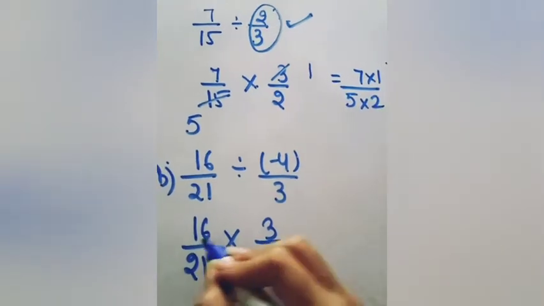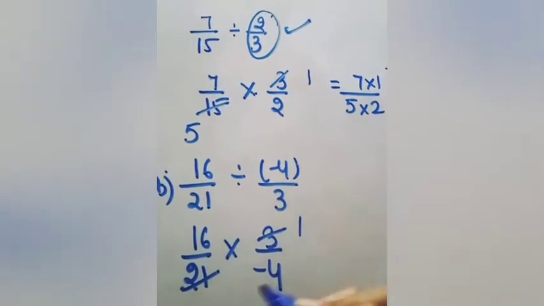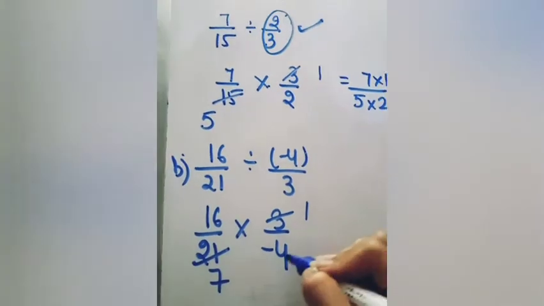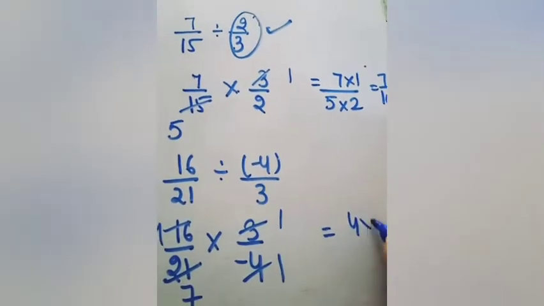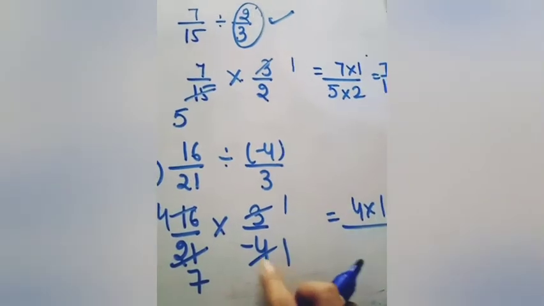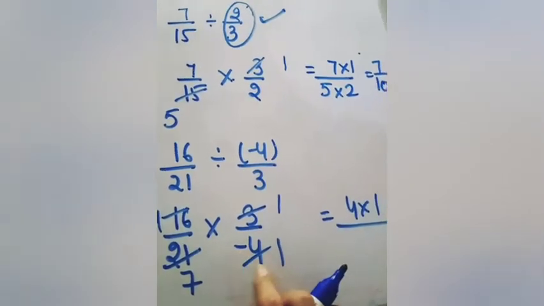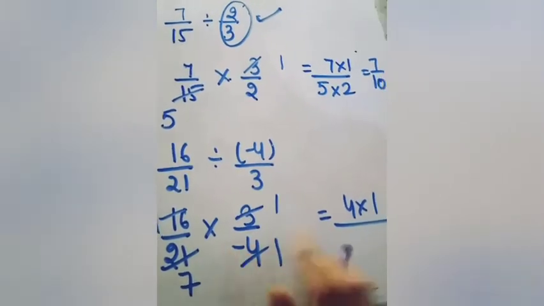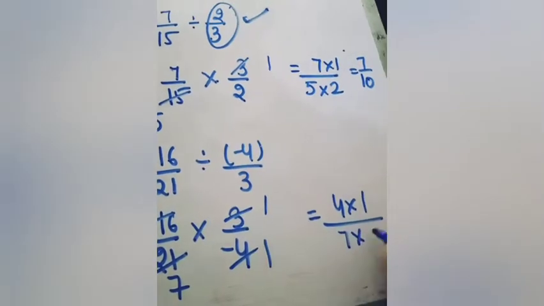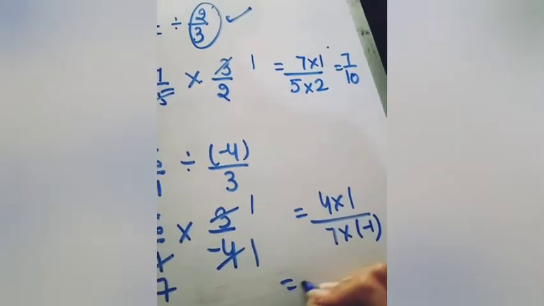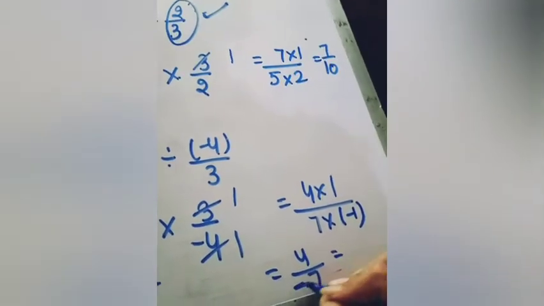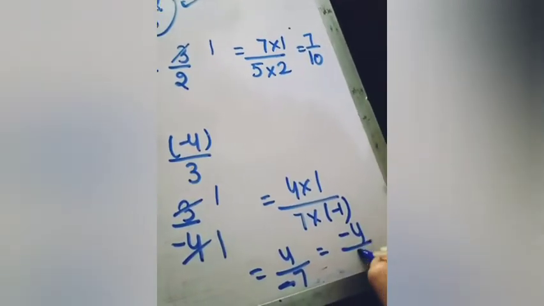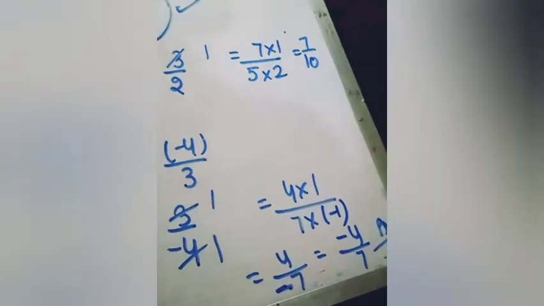Now cut the numbers. 3 1s are 3, 3 7s are 21, 4 1s are 4, 4 4s are 16. Here we have 4 into 1 and here 7 into, see, this minus sign is there. Only the number has cancelled but the minus sign is there, so we write 7 into minus 1, 4 into minus 7, and we never leave the answer negative in the denominator, so we will write minus 4 upon 7. This is the answer.